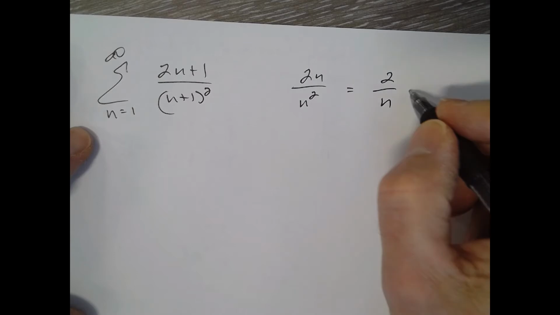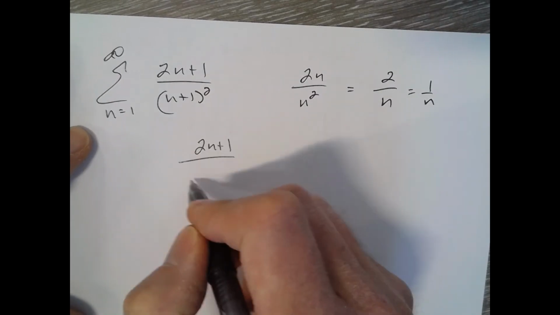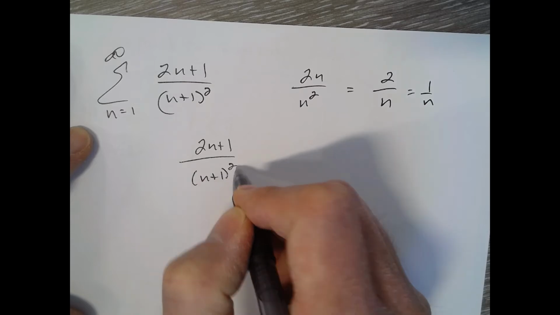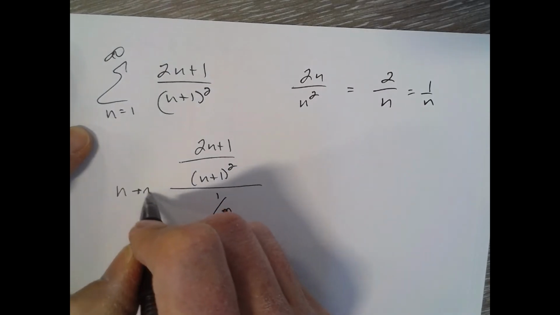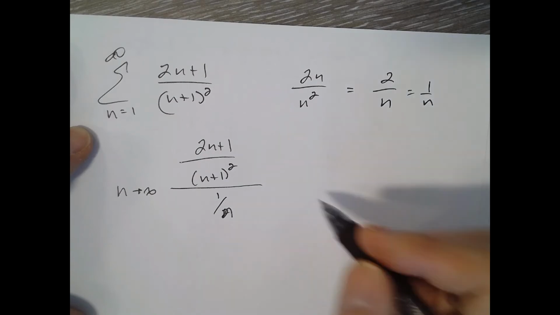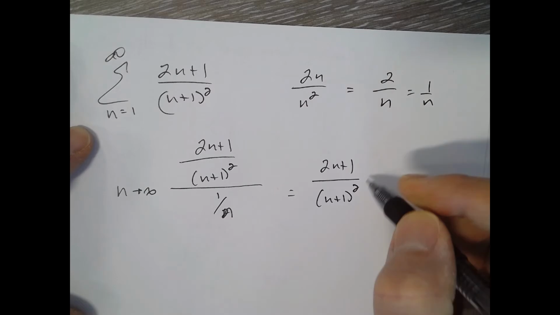So I'm going to compare it to 1 over n. So I get 2n plus 1 over n plus 1 squared over 1 over n, as n goes to infinity. So it's 2n plus 1 times n.